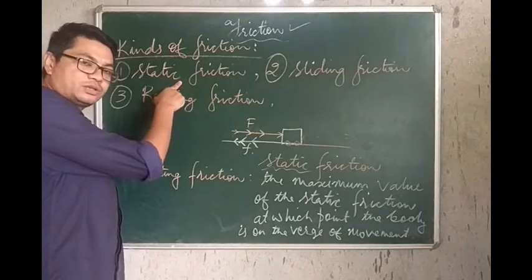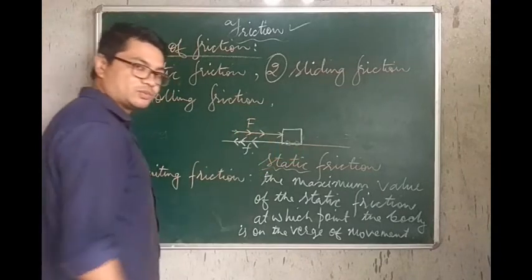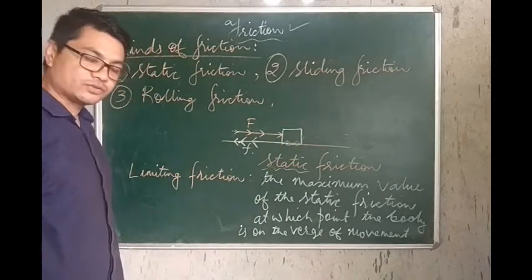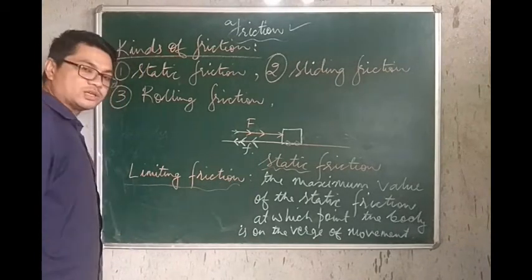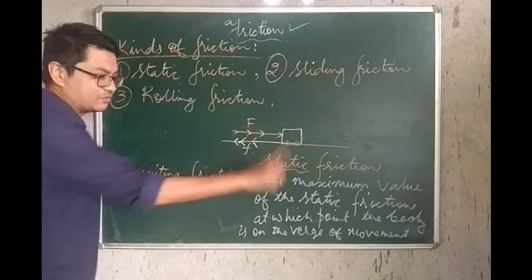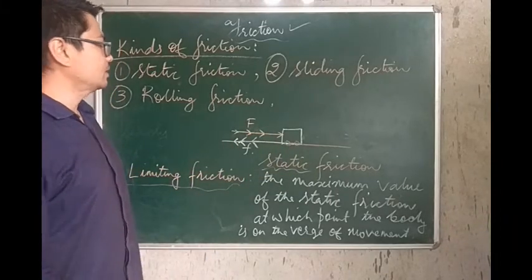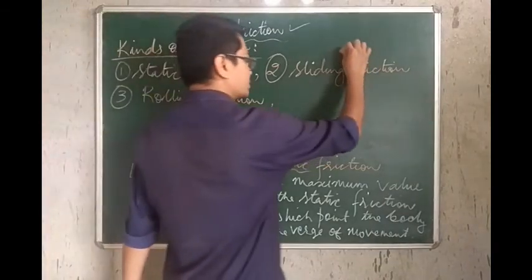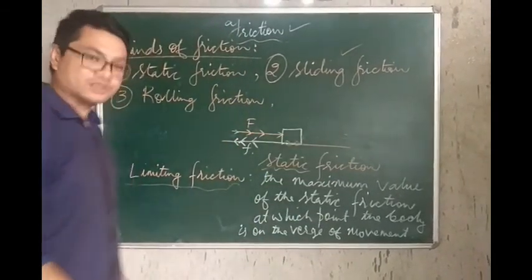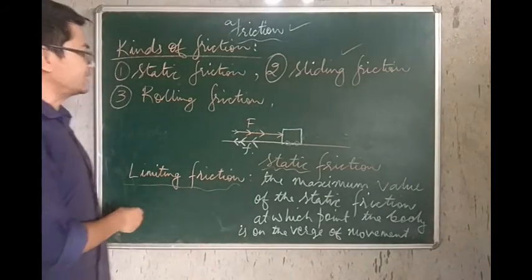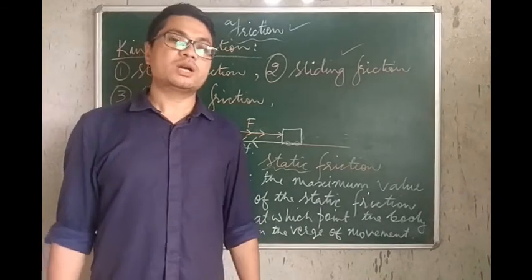Static friction, when we have an external applied force, but still the body is not moving, the force of friction is called static friction. There is a special kind of static friction which is called a limiting friction, which is the maximum value of static friction when the body is on the verge of movement, mind you. And the force of friction that acts when the body slides over the surface of another body, then that friction is called sliding friction. When the body rolls over the surface of another body, that friction is called rolling friction.